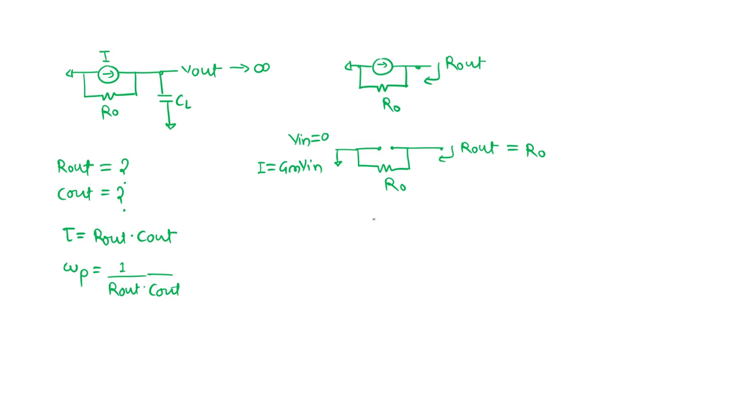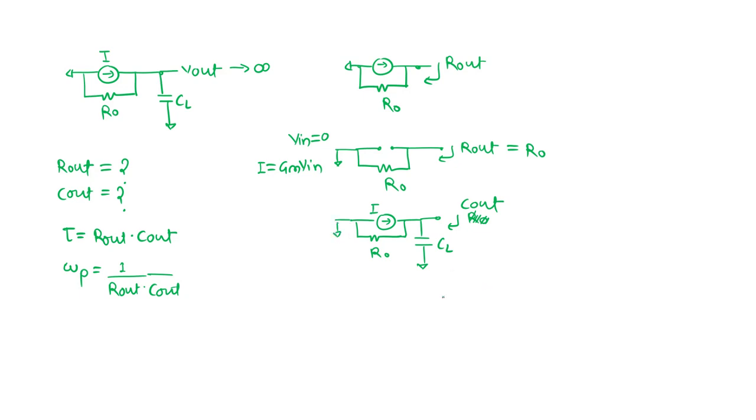Okay. So now the second thing that I want to calculate here is C effective at this node. When I'm calculating C effective at this node, instead of saying R out, I will say C out. What is the C effective? This is my I, and this is the parallel unknown.